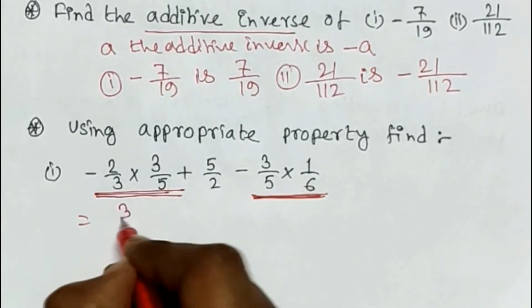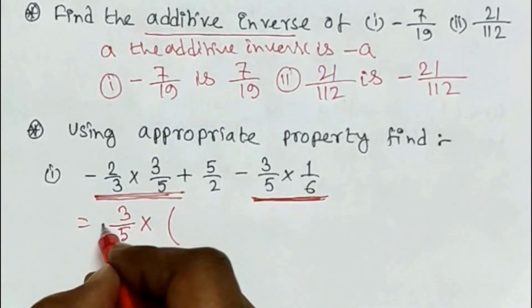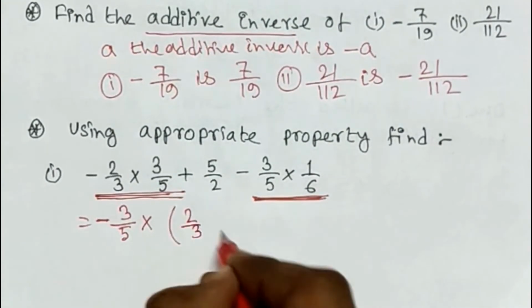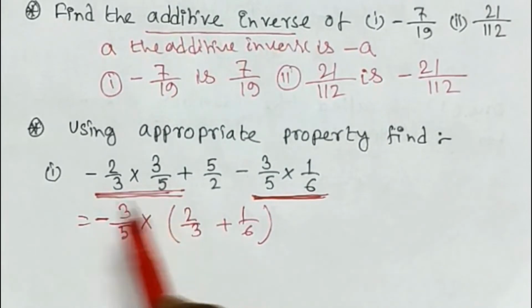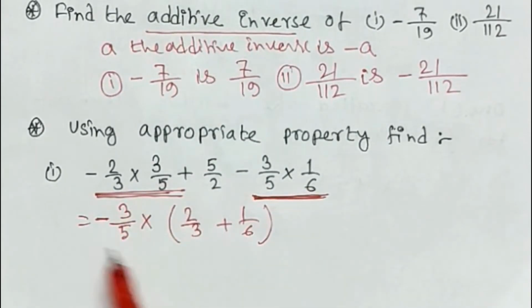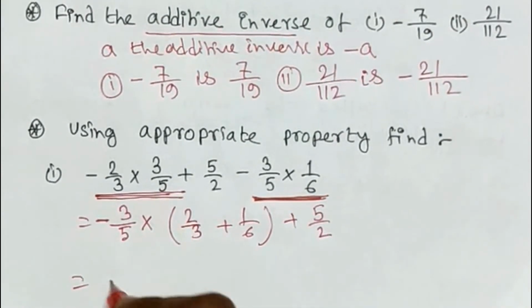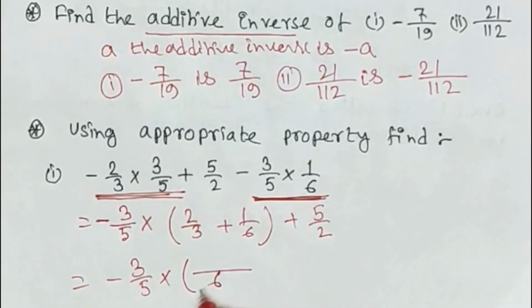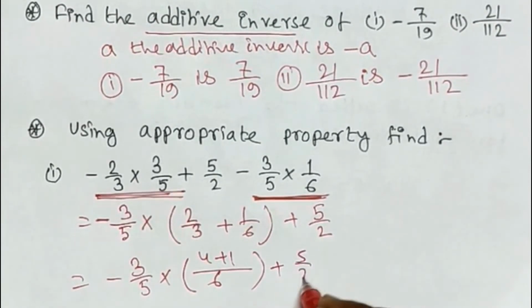So we can easily take common minus 3 by 5, and we can write 2 by 3 plus 1 by 6. Which property are we using here? We are using the distributive property. Plus 5 by 2. This equals minus 3 by 5 into the sum. This gives us 4 plus 1, plus 5 by 2.